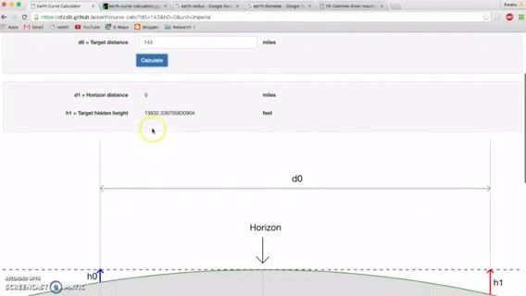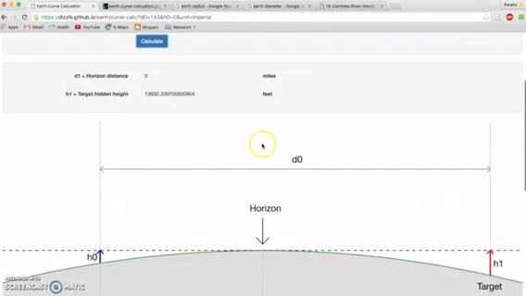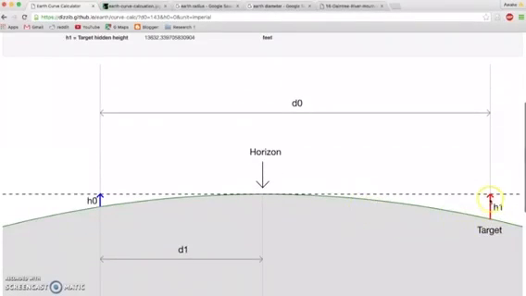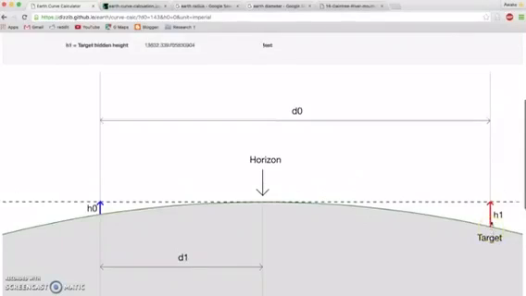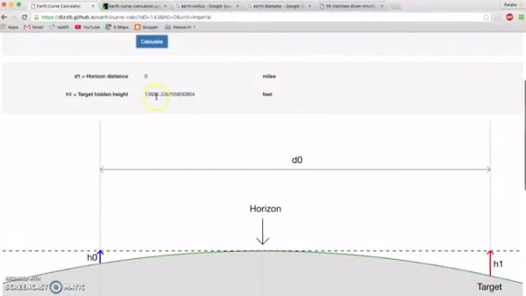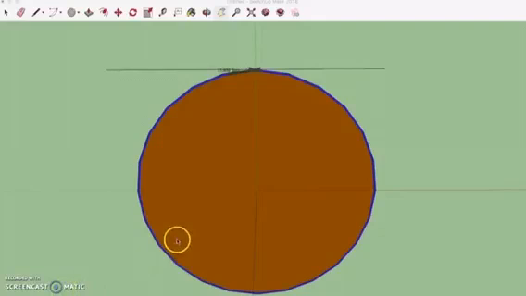So what that gives us is 13,632 feet of curvature. So H1 is right here. This is right at sea level. And if the Earth is a ball and it curves, this distance, H1 at 143 miles, is 13,632 feet.